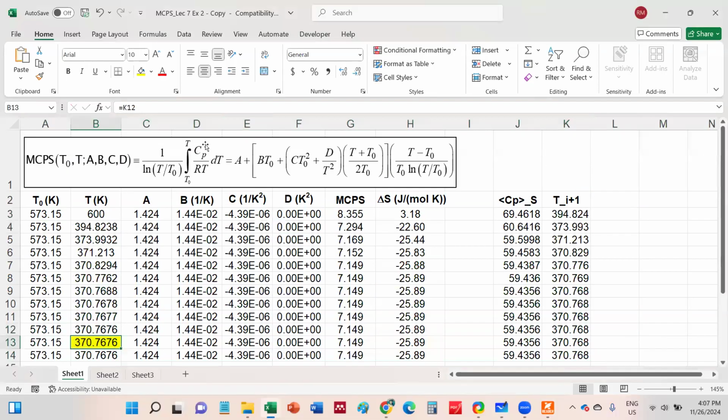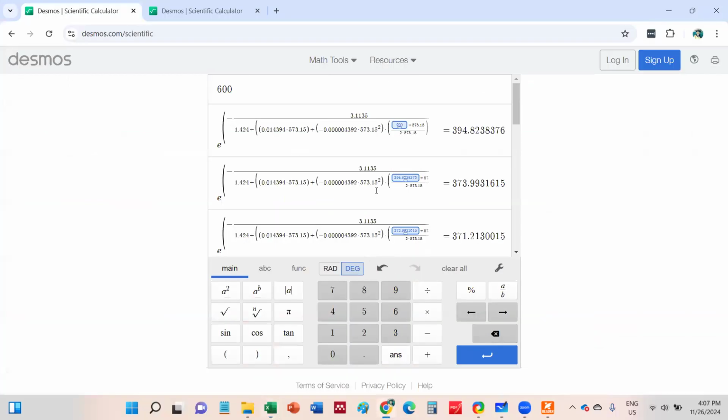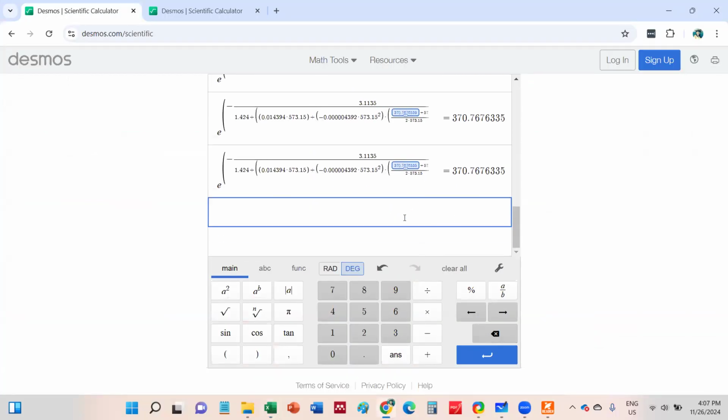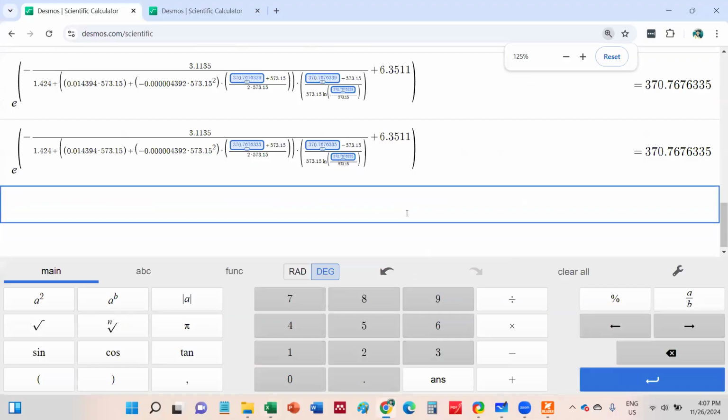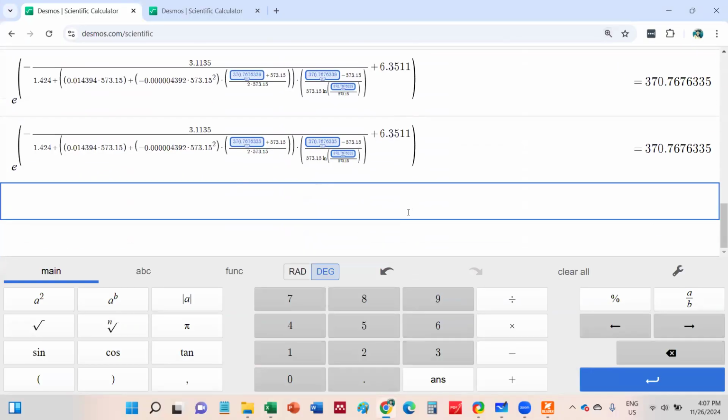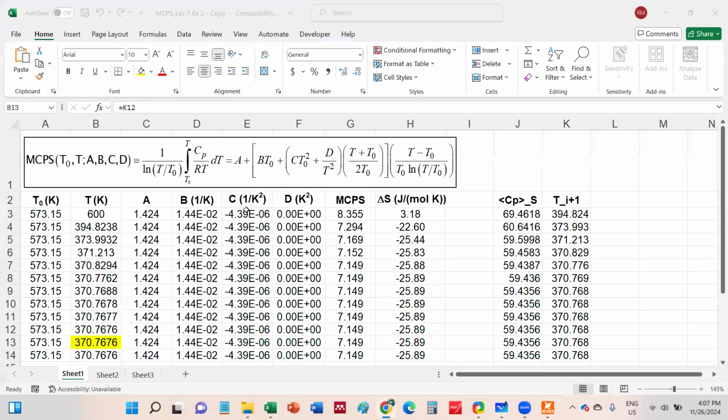Now, how do you do this using your calculator? I'll show you. Remember how we use ends to iterate? That's the same method. So we first initialize the value. I just chose randomly 600 because it's near 573.